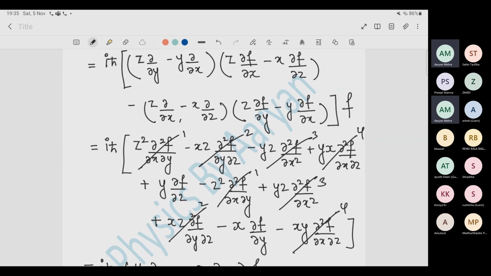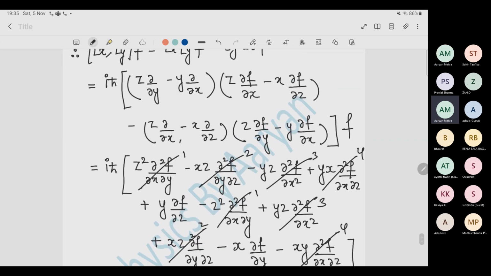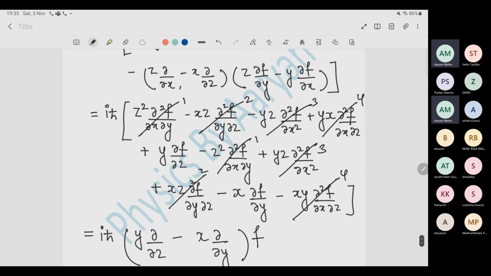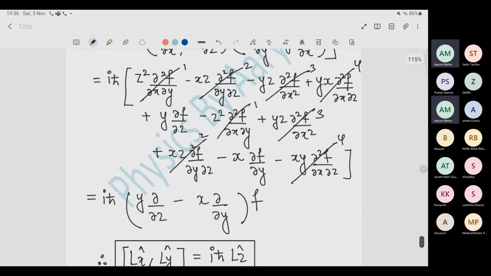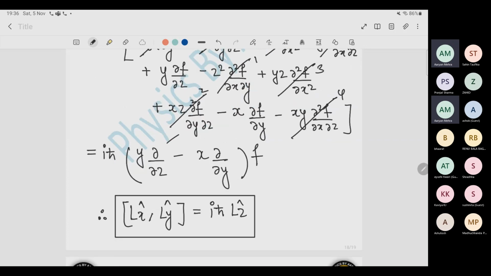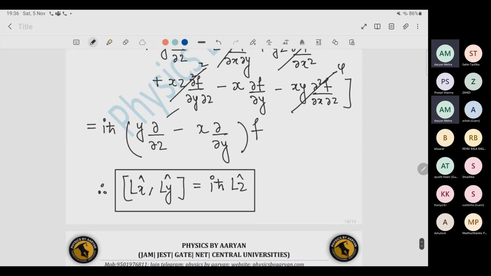F is already written with it, so you don't have to write it again. You operate the second operator on f first, then the previous operator, and then you find all the terms which come up. Some of them will cancel out, very simple as that, and you will end up with a function which you can easily see is Lz. Simple. You can do this mathematics quite simply.